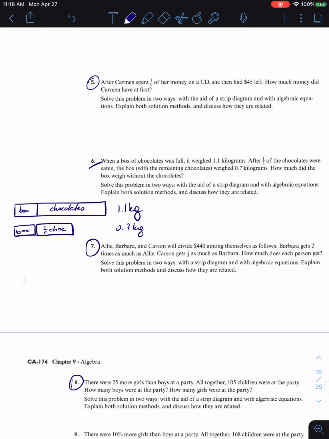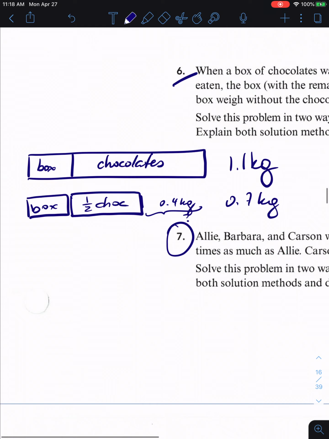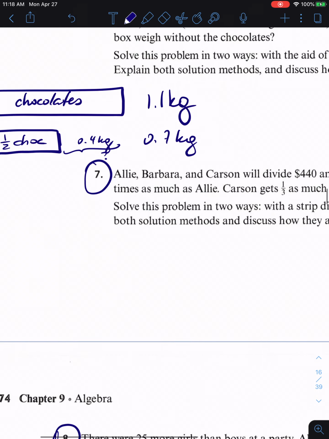So interesting. So how much is this? Oh, how much did we lose? We lost 0.4 kilograms. Do you see that the difference between those is 0.4 kilograms? So how much more do we have to lose to get to only have the box?